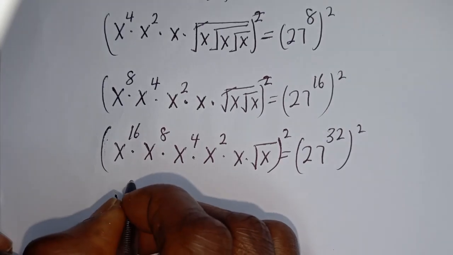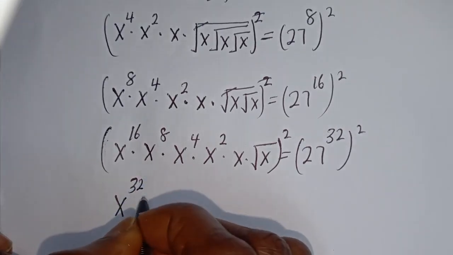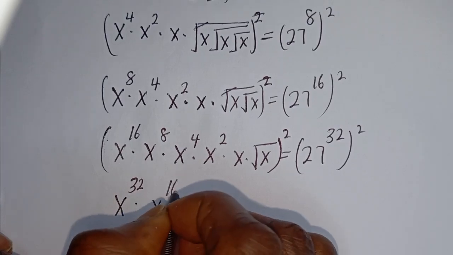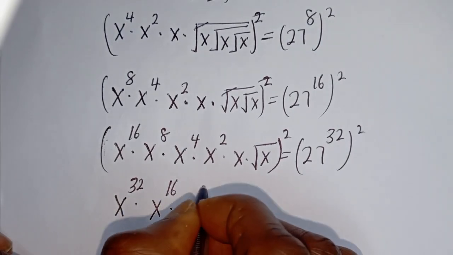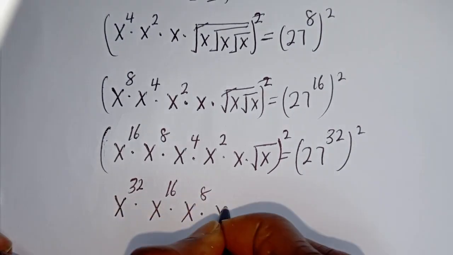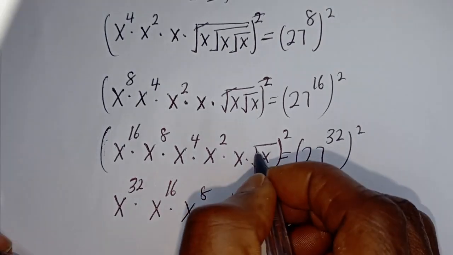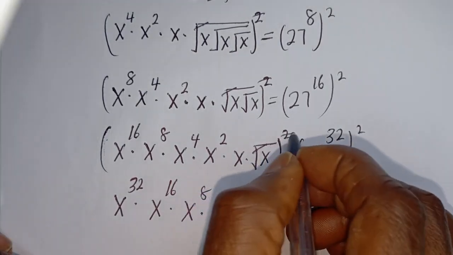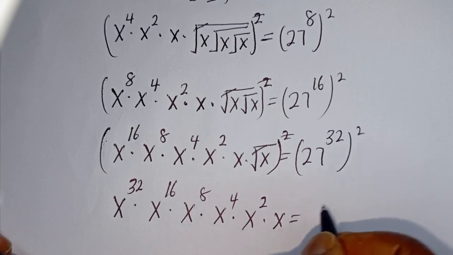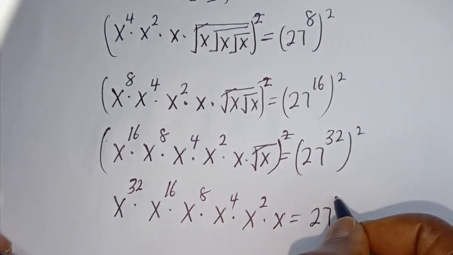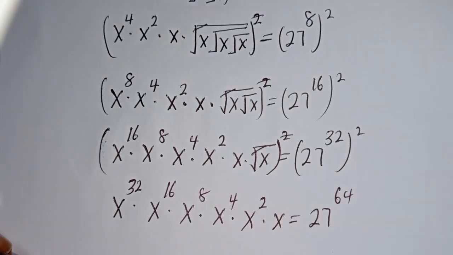We have s to the power of 32 multiplied by s to the power of 16 multiplied by s to the power of 8 multiplied by s to the power of 4 multiplied by s squared multiplied by s, this will cancel this, is equal to 27 to the power of 32 times 2, that is 64.